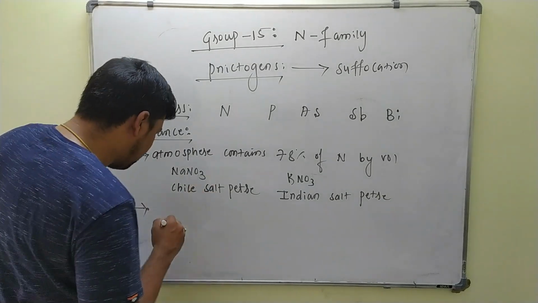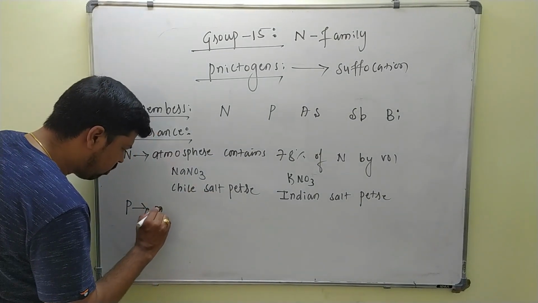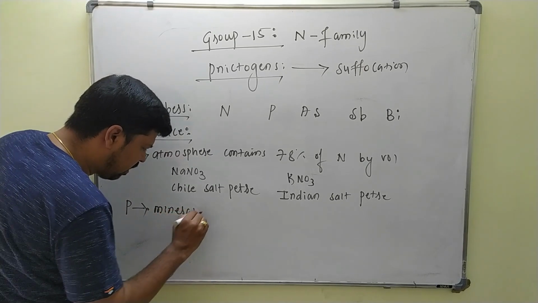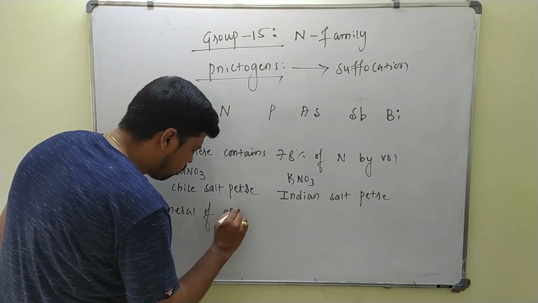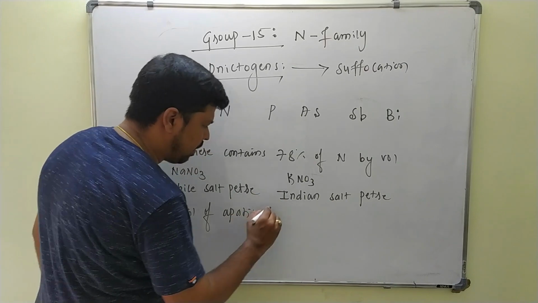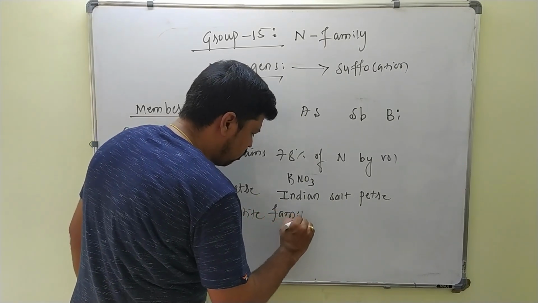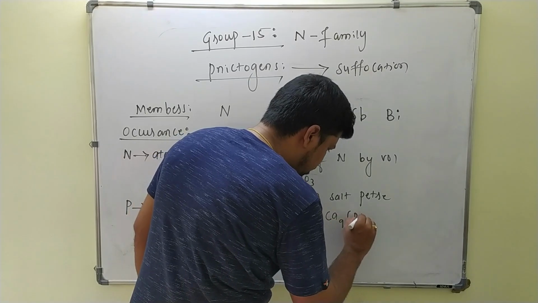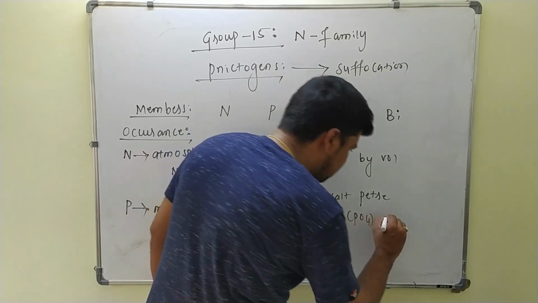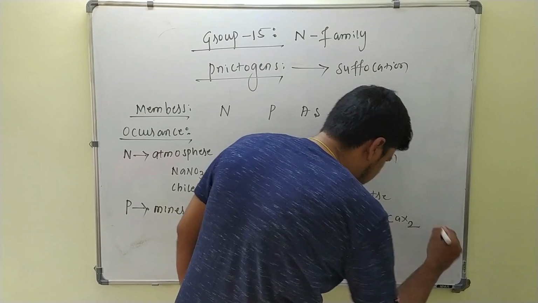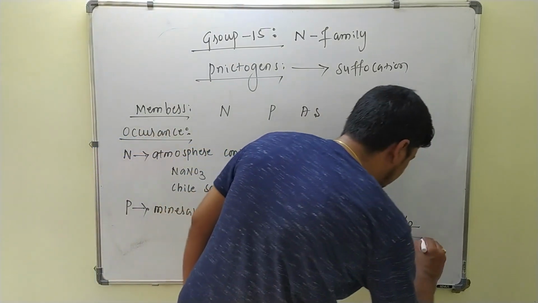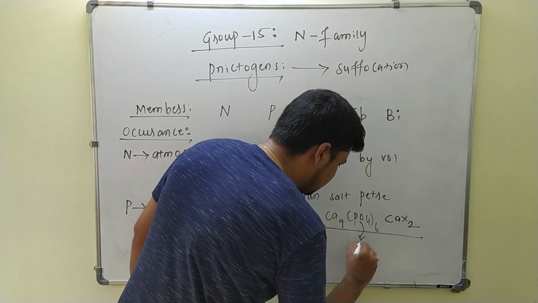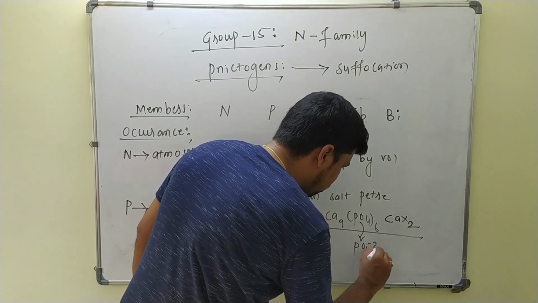The general formula for the mineral of the apatite family is Ca9(PO4)6·CaX2. So in this mineral the phosphorus is available in the form of what? Phosphate ion.